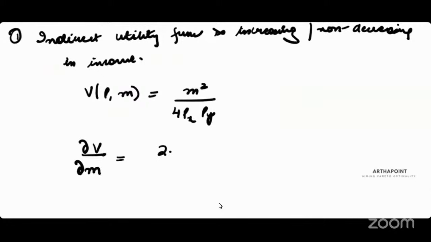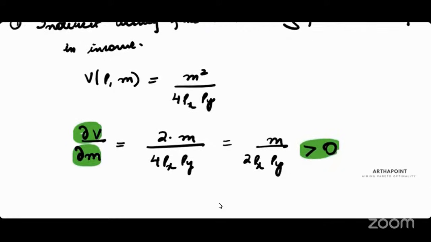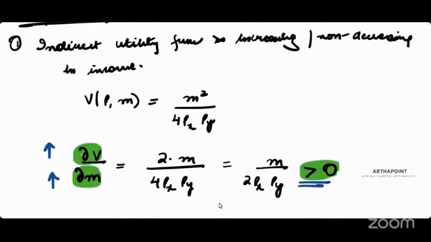I will get 2m by 4 px py, which is m by 2 px py. M is positive, px is positive, py is positive, so this entire thing is positive. Which means as income increases, indirect utility is increasing. It's a positive, increasing function. Okay, that's the first property.